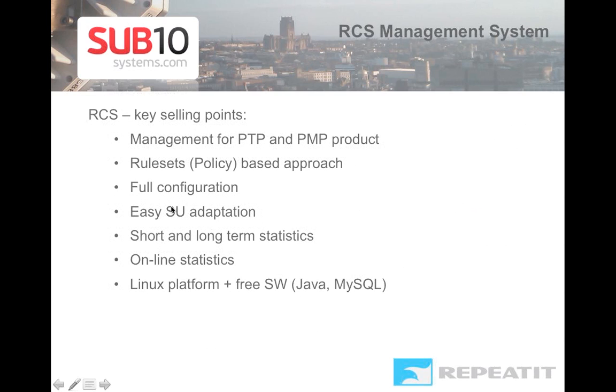Regarding the RCS, why sell it to the customer? I think it's almost obvious. It's unified management for point-to-point and also for point-to-multipoint products. Anything from Repeatit can be managed by the RCS. The system is using what we call rule sets, but it's like a policy that you just specify, for example, what the VLAN settings will be, what the SSID settings will be.